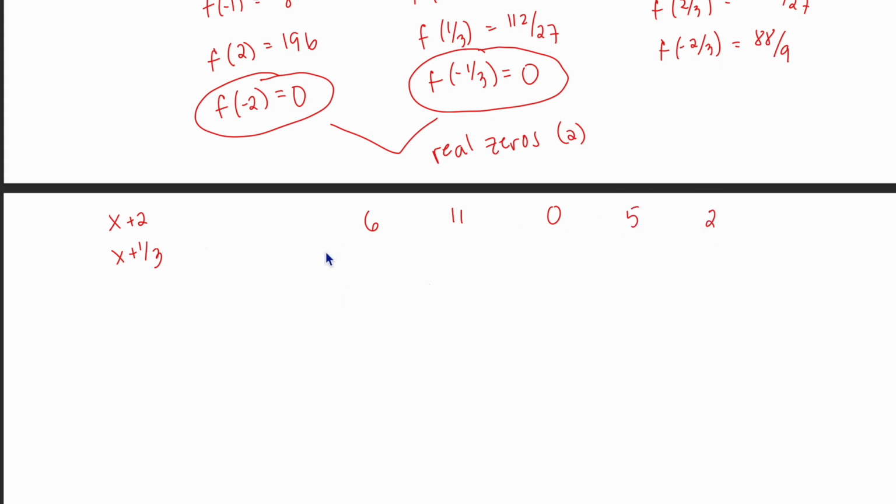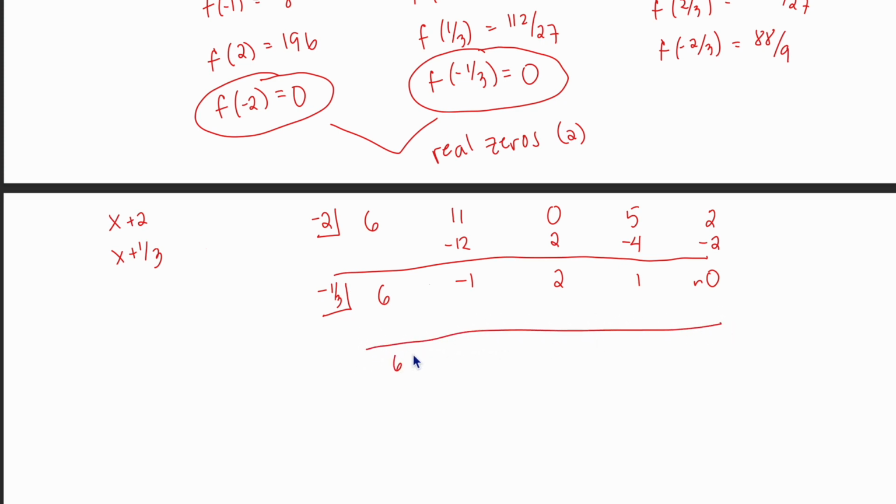So, since alam na natin na yung x plus 2 is a factor, so negative 2 is a 0. So, dapat mag-0 to. So, we have 6, negative 12, negative 1, then we have 2, so we have 2, negative 4, positive 1, negative 2. Okay? Sure na din tayo na yung negative 1/3 is 0.